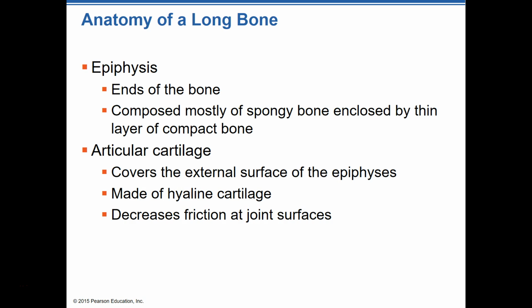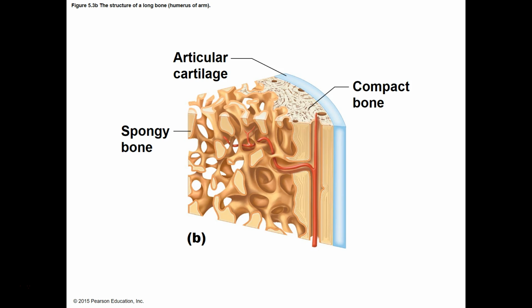But the reason why the epiphysis is made up of this spongy bone, in part it's a weight issue. It reduces the weight of that bone overall. The other thing is that because of the nature of this meshy looking network that we see here, all of this in here actually acts as a little bit of a shock absorber too. So we've got this articular cartilage out here that provides a slippery surface for movement and also some cushiony effects.